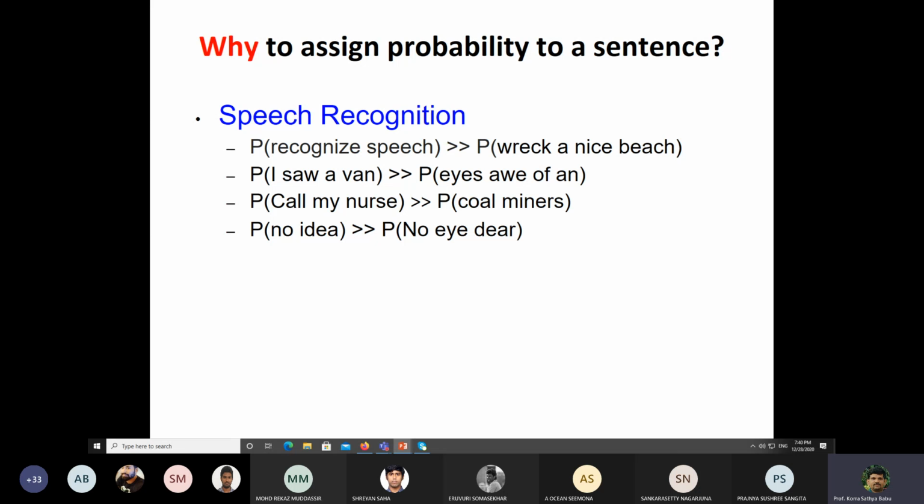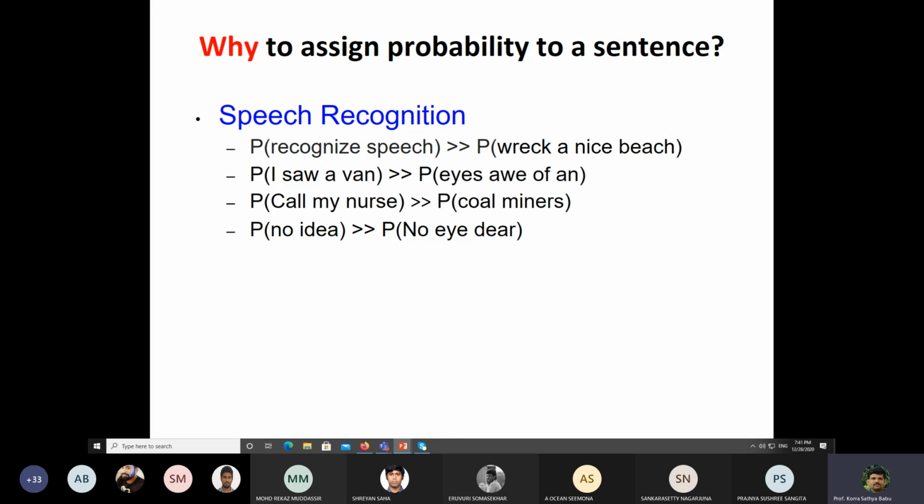Now you see here in the speech recognition example, suppose somebody says "recognize speech". It means that the probability of "recognize speech" is greater than the probability of "wreck a nice beach". You understand that these two are spelled almost the same.